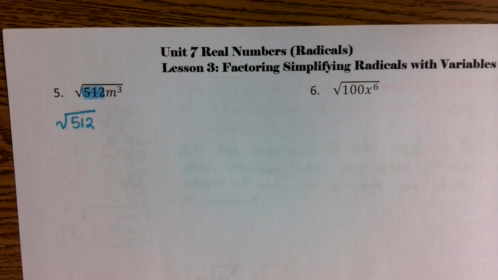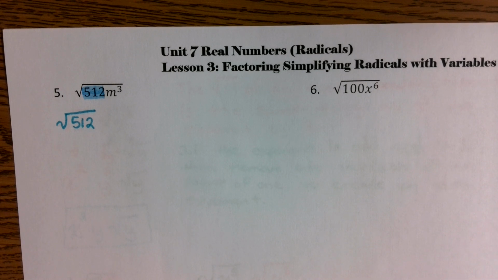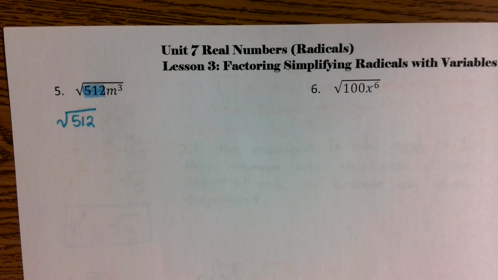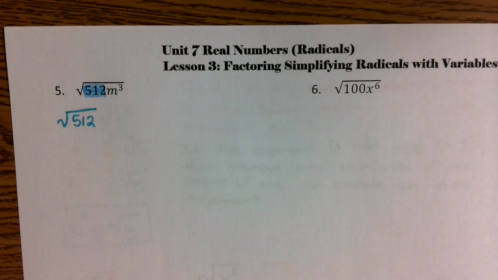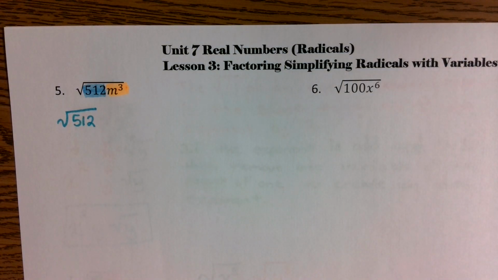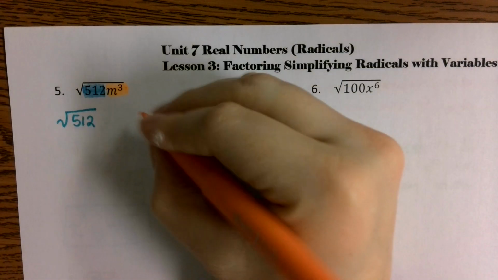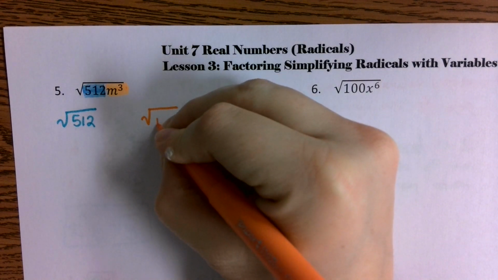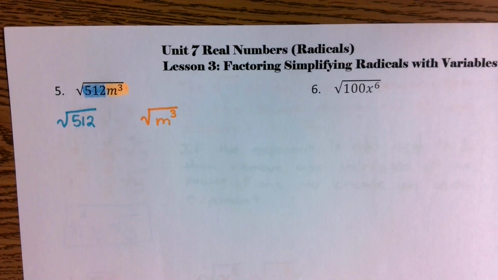Okay, that's one problem that I'm going to focus on. And then I'm going to pull the m to the third power. I'm going to use orange for that one, and separate that. So we have the square root of m to the third power.